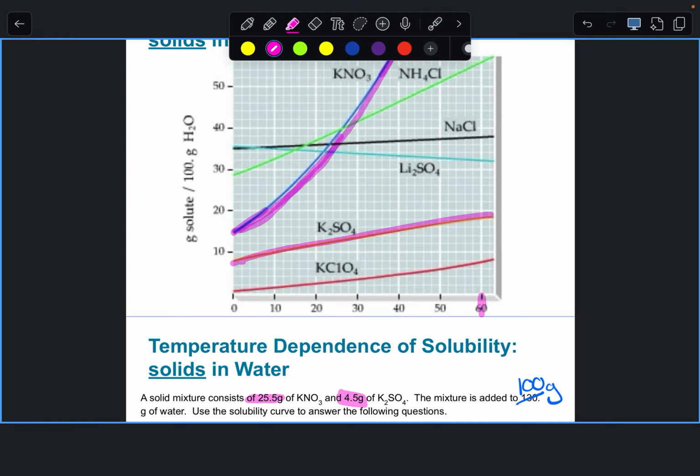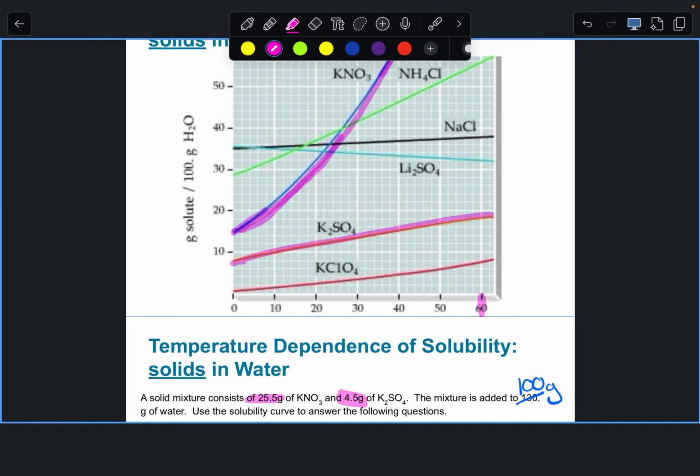The other way you can look at it is go to where 25 is and make sure it's under that curve. So 25 is about here. I can dissolve 25 grams starting at close to 15 degrees Celsius. So if I just continue to heat it up, it's going to stay in there. So yes, it would be fully dissolved at 60 degrees.